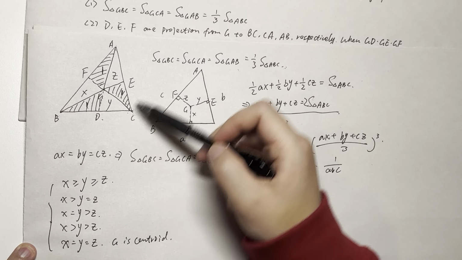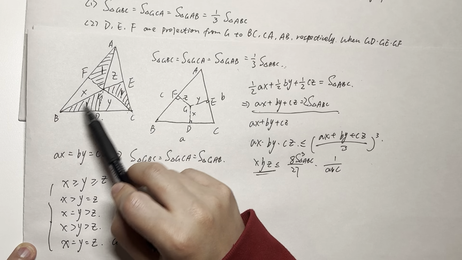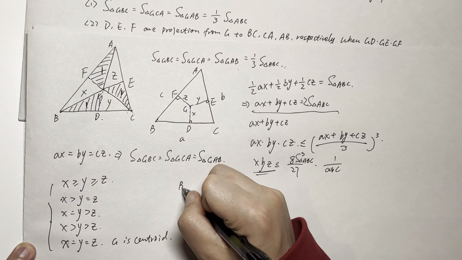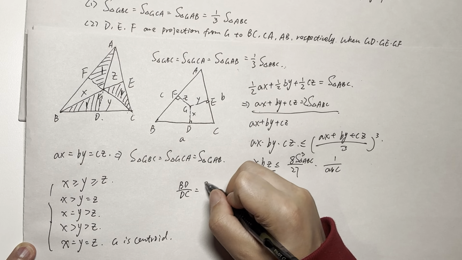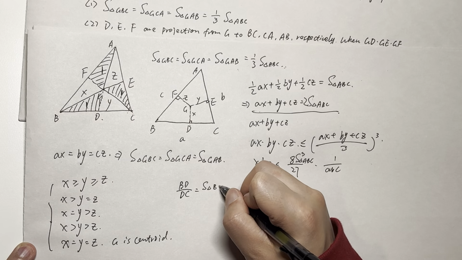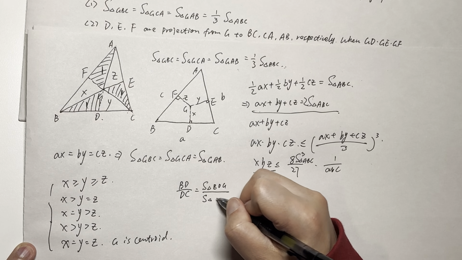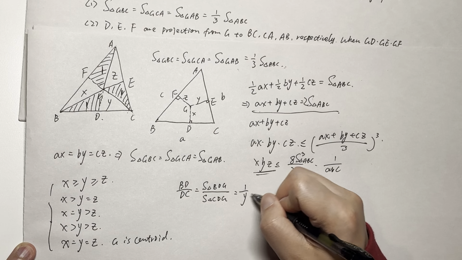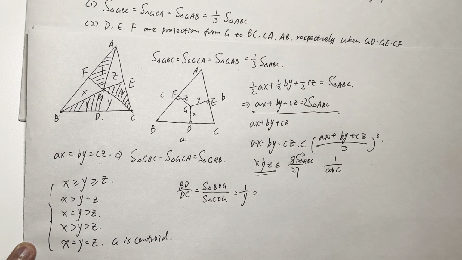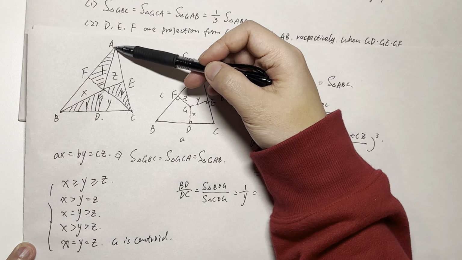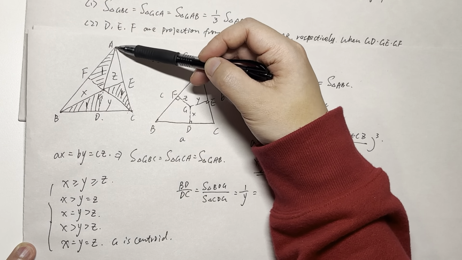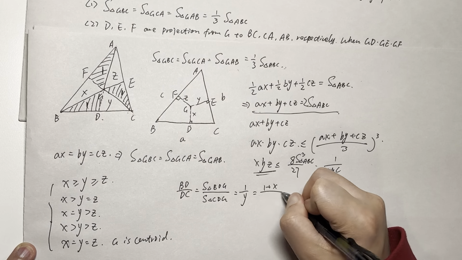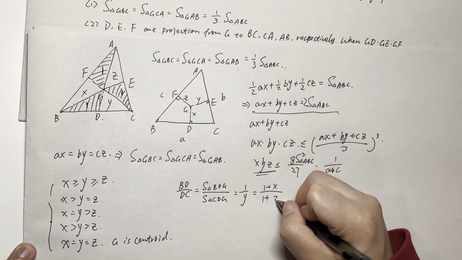For this figure, we know that BD to DC equals the area of triangle BDG to the area of triangle CDG, which equals 1 to y, and also equals the area of triangle ABG to the area of triangle ACG, right? So it equals 1 plus x to 1 plus z.